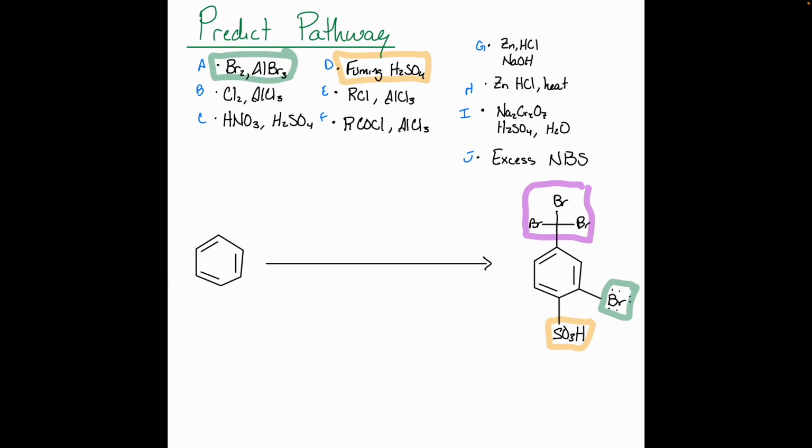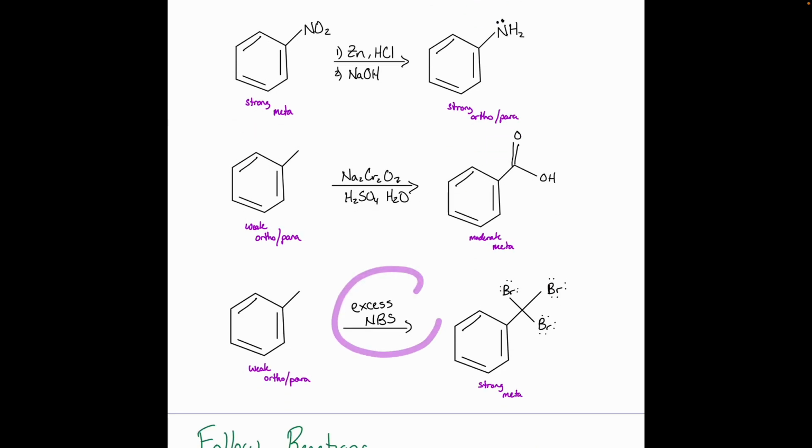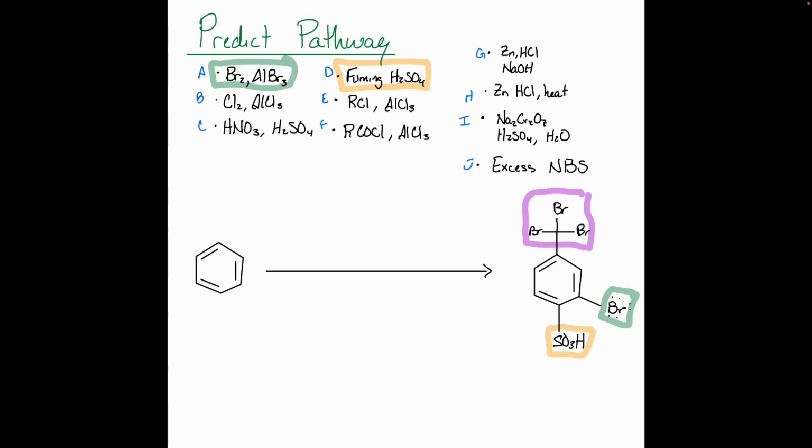A fully brominated carbon. We're going to need to use our excess NBS, our benzylic bromination reaction. But we need to put a carbon on that ring to begin with, so we'll also have to use that Friedel-Crafts alkylation reaction.